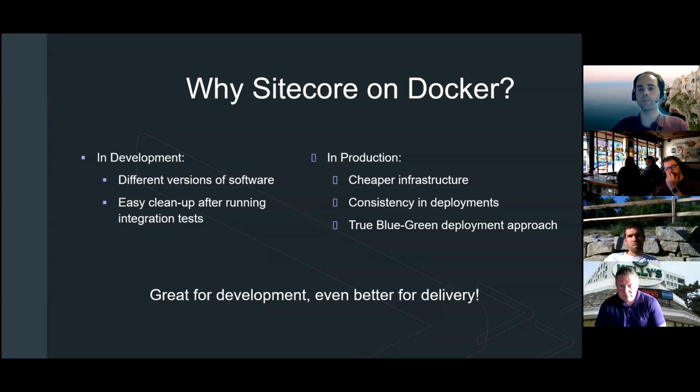Docker helps a lot there because you don't leave a lot of installation behind in your host machine, and you can easily avoid any conflict between them. Like a different version of Sitecore, a different version of Solr, for example, it could be challenging to maintain and have running on your computer at the same time. All of these instances you can uninstall and reinstall easily. So Docker helps on that.